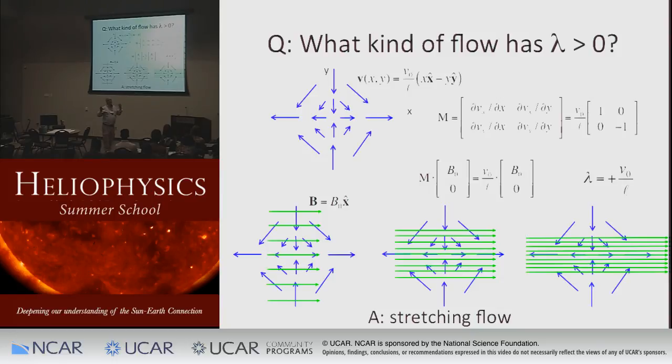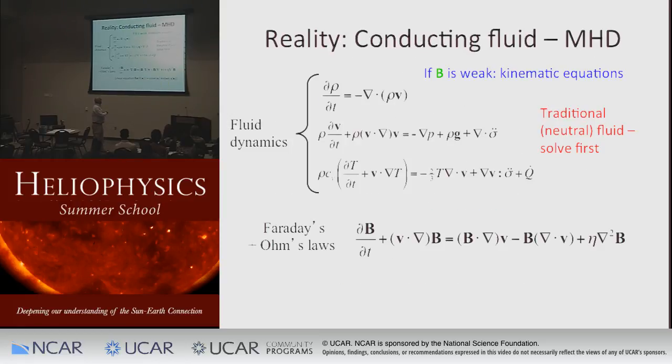So although some well-meaning person may have told you that magnetic fields are generated by currents, currents create magnetic field, this equation shows you that that's not exactly the case. The magnetic field can just sort of be there and change under the influence of the flow of a very good conductor. And that's just the way it is.